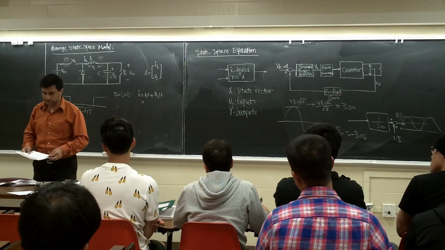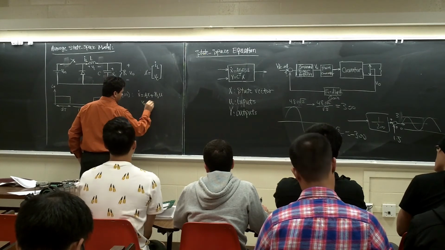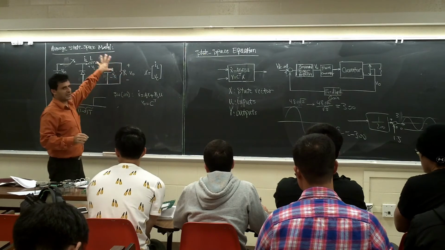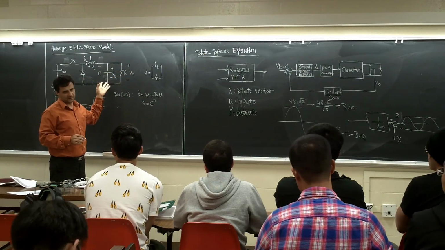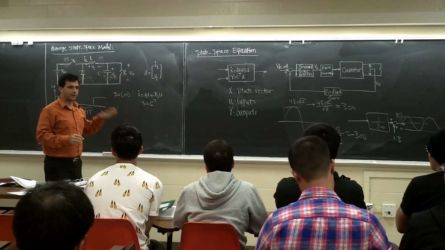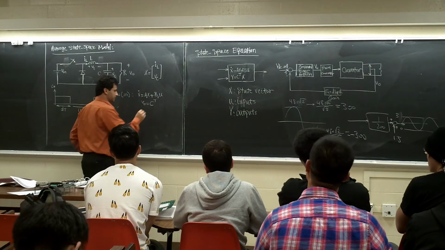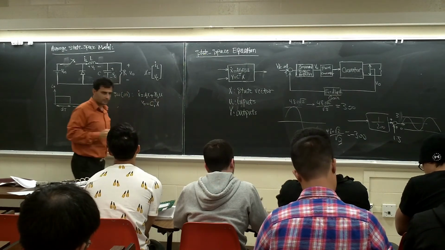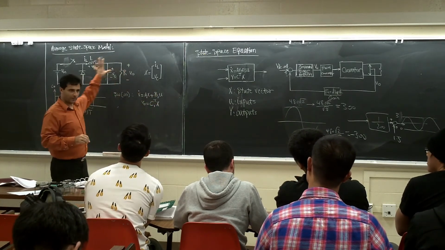In this case VO is VC, but let's formulate the system this way: VO is C1 transpose times X. When the switch is on, I have these elements, keep that in mind.